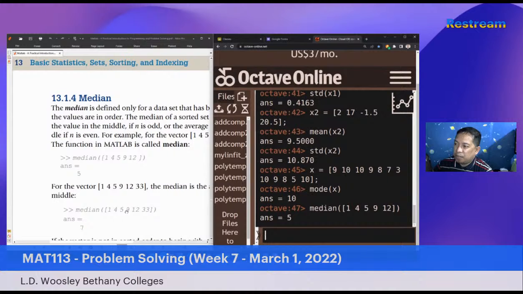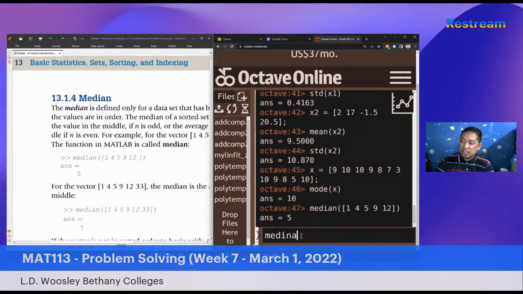Okay, for the case of even numbers, where there is no middle, it will be the average of the closest values to the left and to the right, just like this. For 1, 4, 5, 9, 12, 33, obviously these are even-numbered sets. So it really has no middle. It will compute the average of the two closest, 5 and 9.